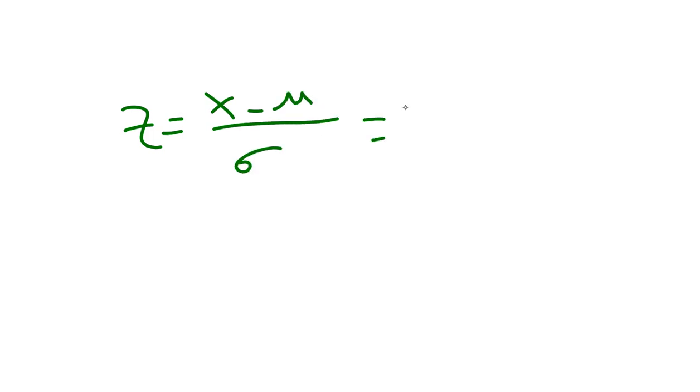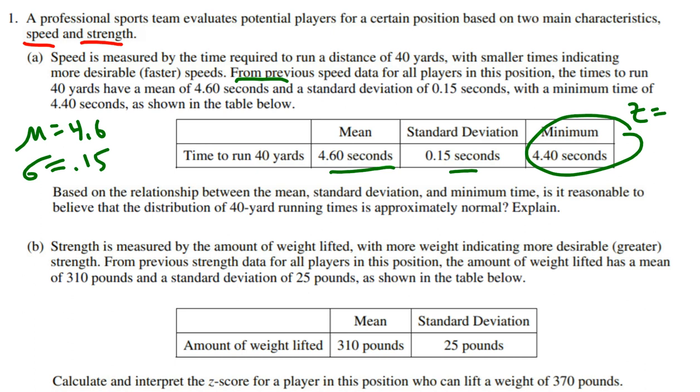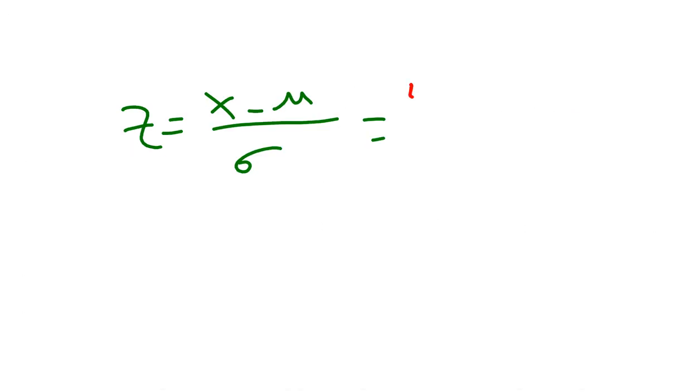So to get a z-score, z equals x, your observation that is, minus your mean over your standard deviation, which in our case, we're going to find the z-score for the minimum. There's the mean. There's the standard deviation. So it's going to be 4.4 minus 4.6 over 0.15.